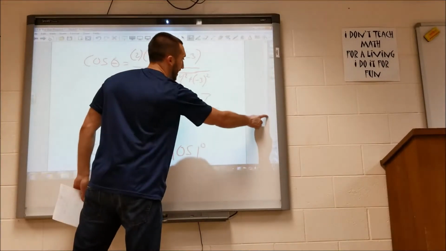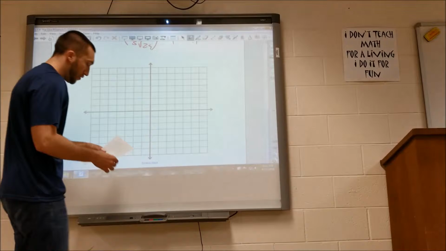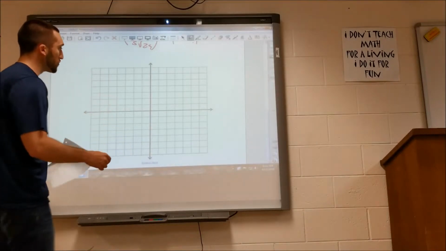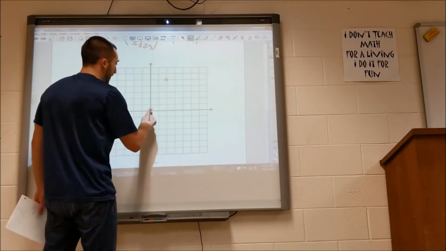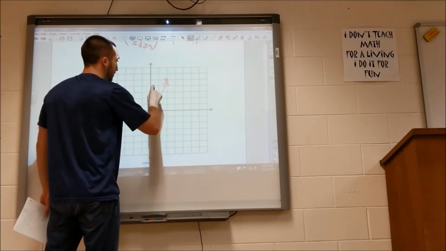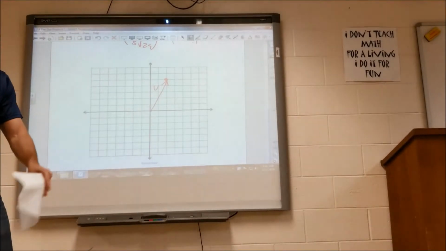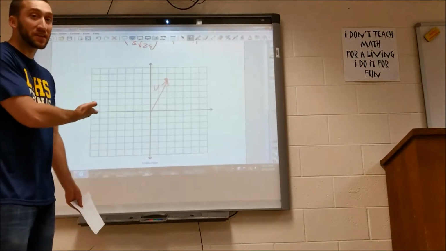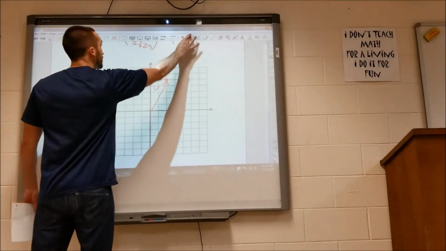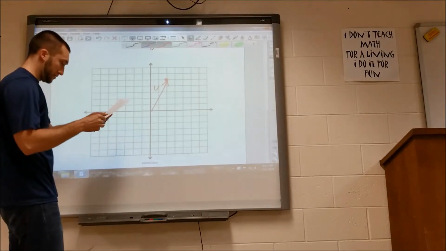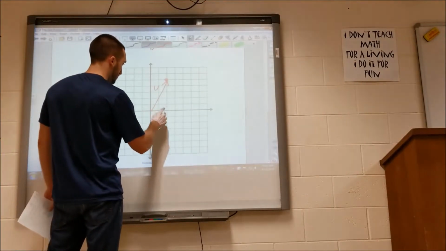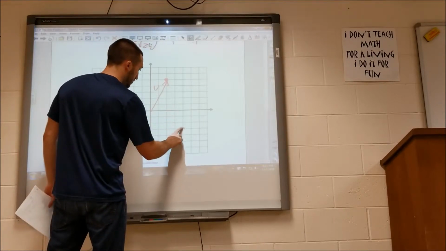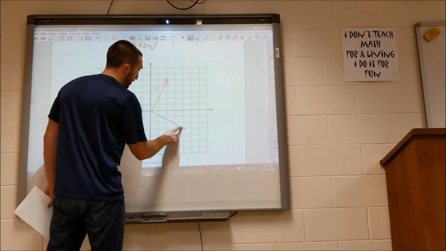Let me show you what we're actually finding. Right, so our first vector was 2, 5, and that was vector u. Okay, so that's our first vector. Remember the components tell us basically the x and y coordinates. The second vector was 4, -3, and that was our vector v.